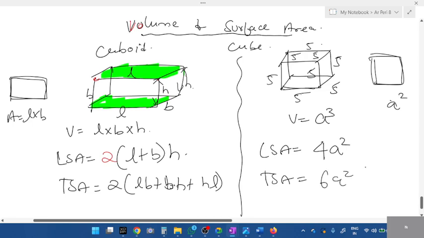Write this formula. Go through the formula, students. These formulas are important. Just three formulas. No, there's one more. Diagonal. Just a minute. Diagonal formula. Diagonal is equal to square root of L square plus B square plus H square.